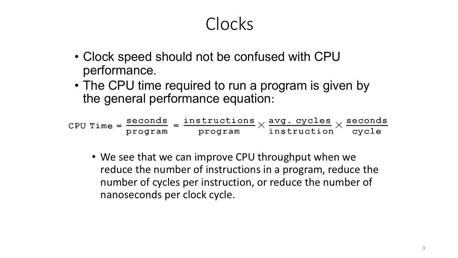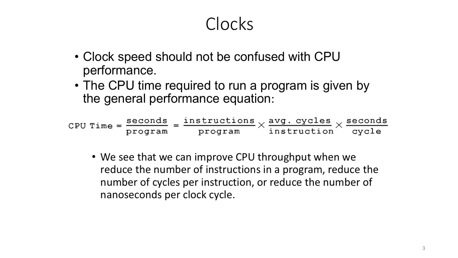One important point is that the clock speed should not be confused with the CPU performance. This is because CPU performance depends not only on the clock speed, but also on many other factors.